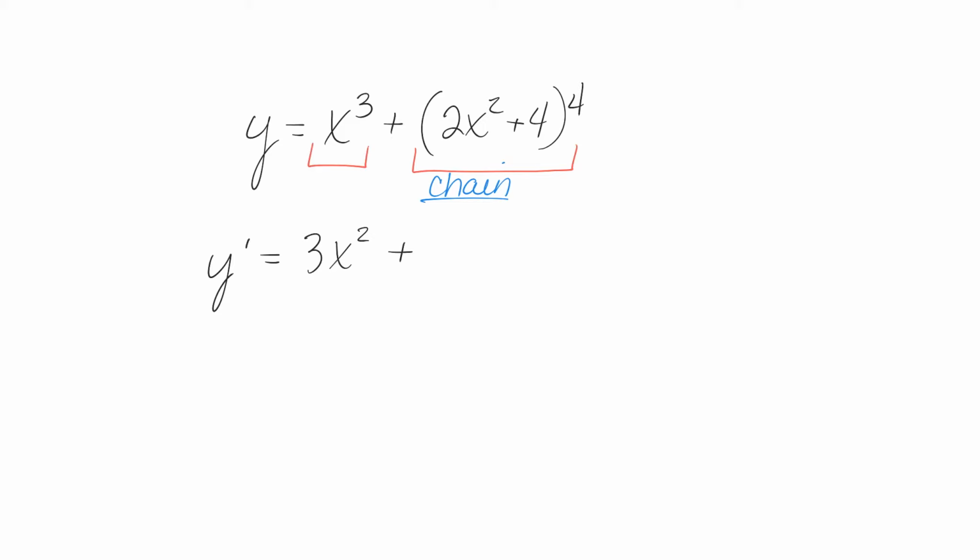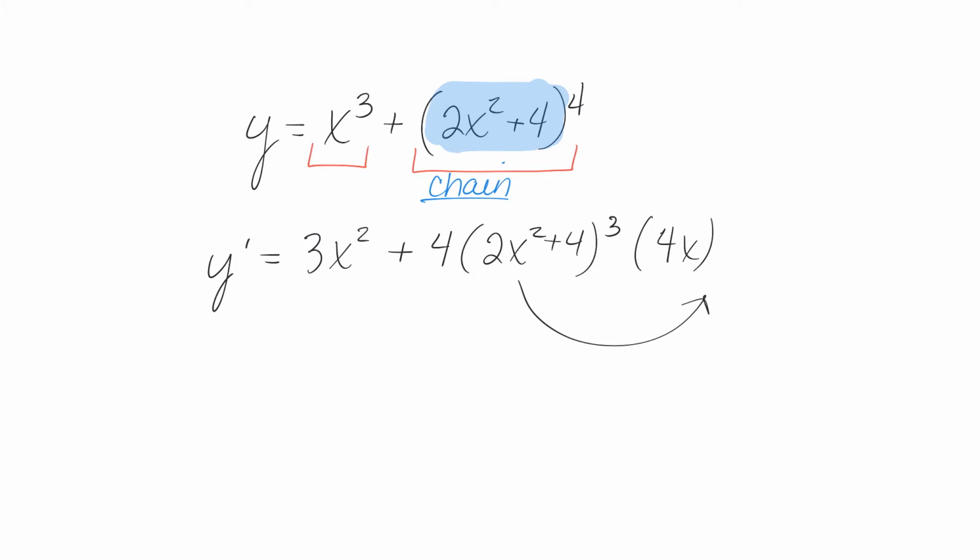So we're going to take the derivative of the outside, which is something to the fourth, and then the derivative of the inside, which is 2x squared plus 4. So the derivative of something to the fourth is 4 times something cubed. We're going to multiply that by the derivative of something, which happens to be the derivative of 2x squared plus 4, which is 4x.